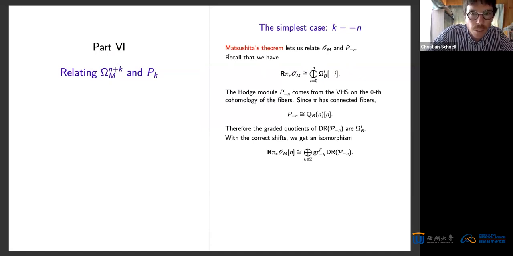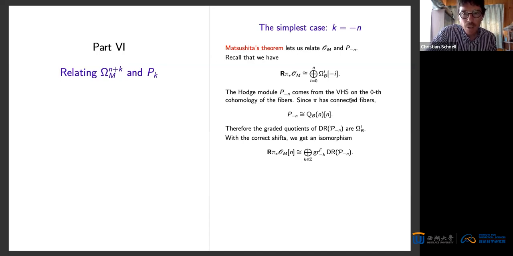So here's how this goes. First, Matsushita's theorem said that the push forward of the structure sheaf splits up into the sheaves of holomorphic forms on B. And we had this explicit process for explaining how the map goes. Now, this Hodge module P_{-n}, on the other hand, my indexing was such that P_{-n} has to do with the variation of Hodge structure on the cohomology of the fibers in degree n minus n, so in degree 0.